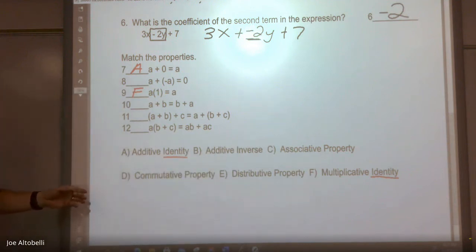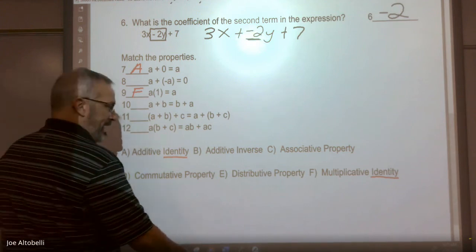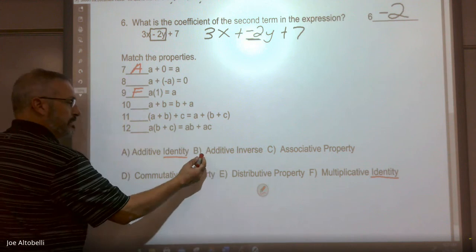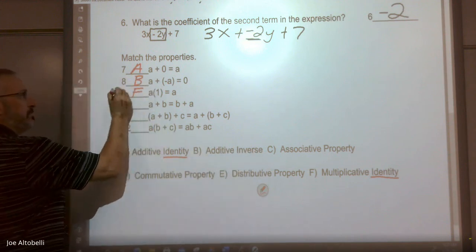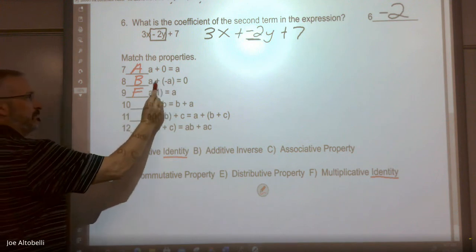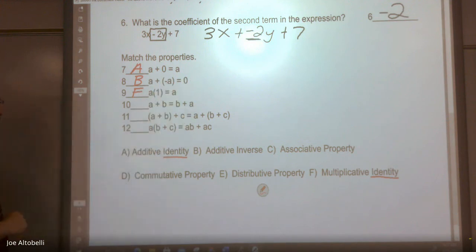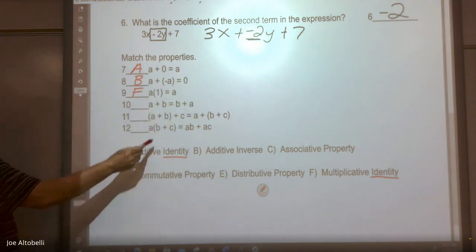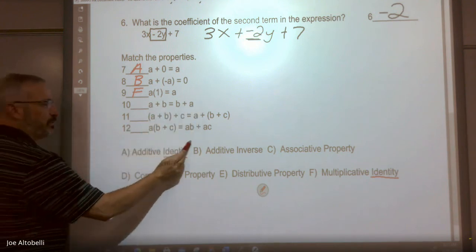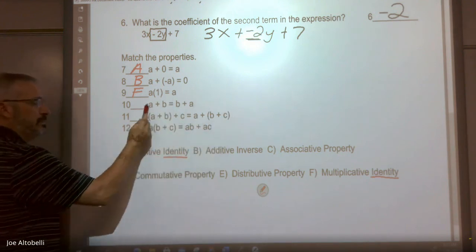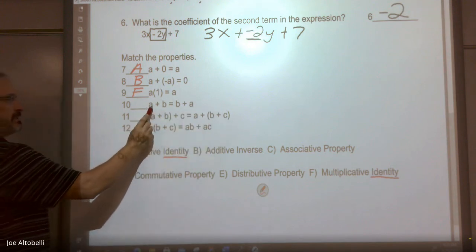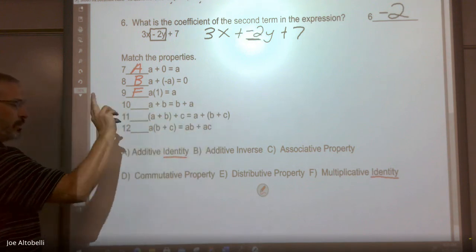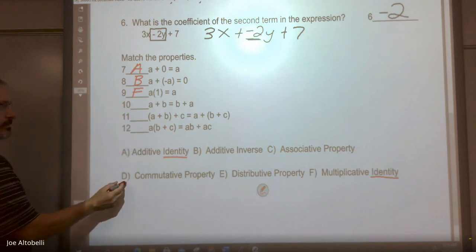Then we have the additive inverse. Additive inverse here, that is B. This one is the additive inverse. You're adding the opposite. And then hopefully you have these three memorized from yesterday. This is A plus B, B plus A. The order is switching, and that is commutative.